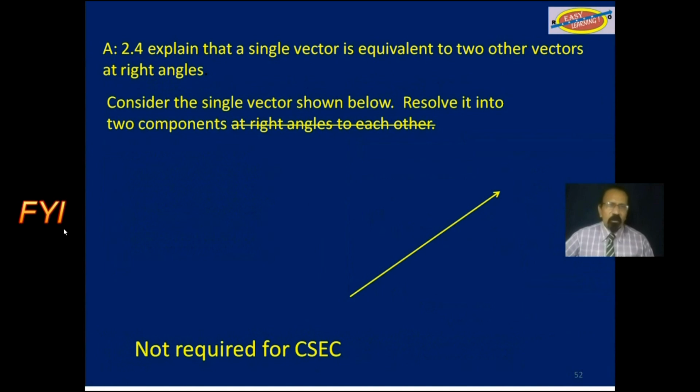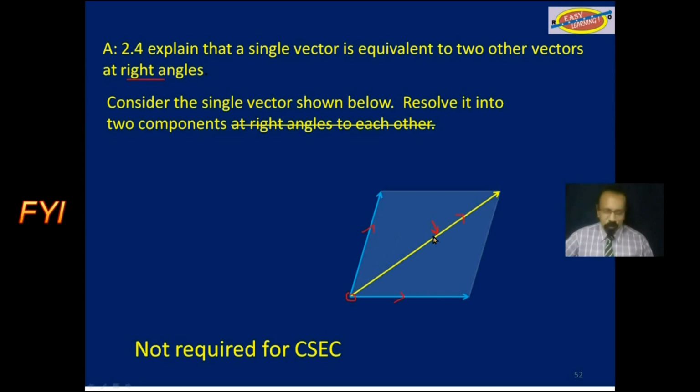As a matter of fact, those original forces don't have to be at right angles. Any parallelogram you can draw, starting from this point, with this as one of its diagonals, will actually solve the problem, but they will not be at right angles. For example, you can do this. If you have two forces like this, that one and that one, this one is the resultant.